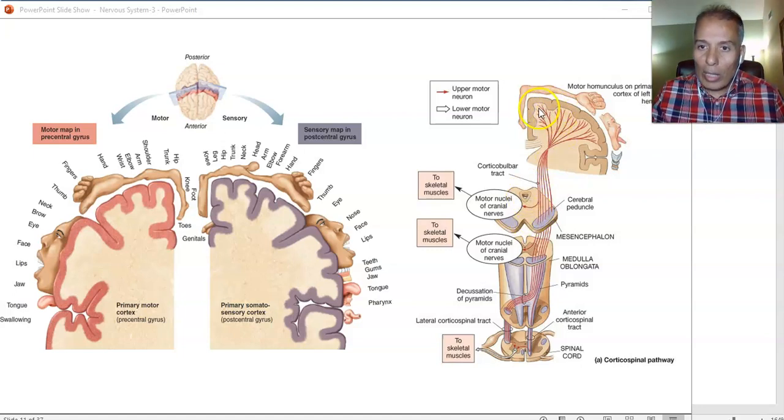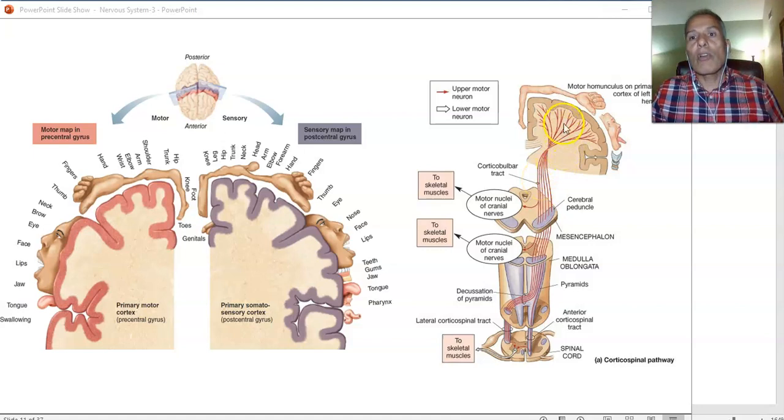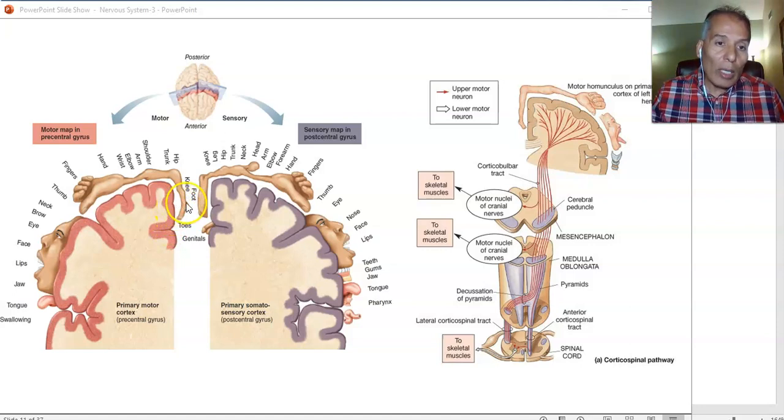So the connection between the cortex and the lower areas is by the pyramidal pathway and the extrapyramidal pathway. As you go a little bit up, there is movement of the ankle, then the knee, then the torso, the waist, the shoulders, and then the arm.